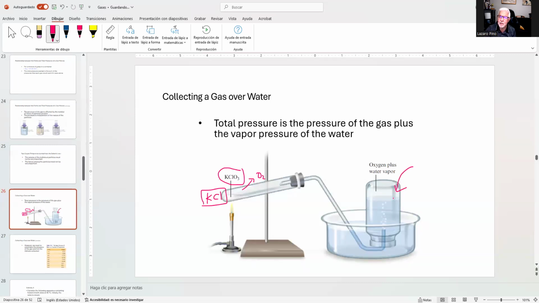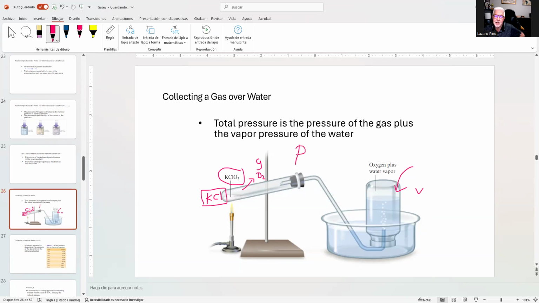At the end, we can measure the volume of this gas. Knowing the volume of this gas and knowing the amount of potassium chloride and the mass of oxygen that is produced because of this decomposition, you can calculate, for example, the R constant.